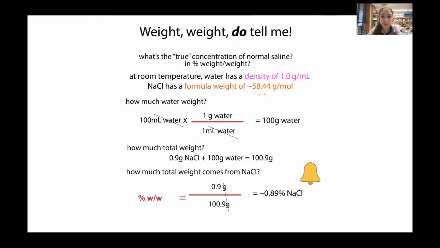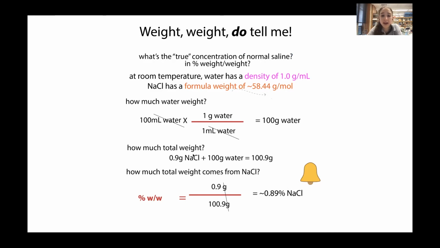We can find the percent weight of normal saline, which is at least better because now you're comparing equal amounts of things. NaCl has a formula weight of 58.44 grams per mole. So this is telling you that 1 mole of NaCl is going to weigh 58.44 grams. And if we had a 100 milliliter solution, we'd have 100 grams of water.